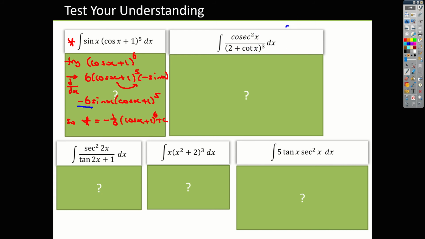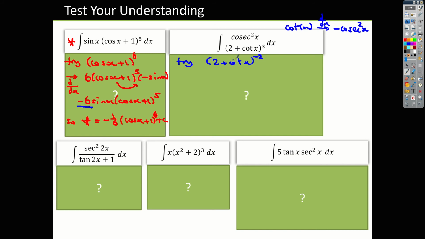Okay, if we remember, cot x differentiates to minus cos x squared x. So again, that's roughly the derivative of that. But this time, this bracket is, we should think of it as being to the minus 3. So it's similar to this one, except because of the minus power, the bracket's going to appear underneath. So this time I'm going to try 2 plus cot x. And because this is to the minus 3, I'm going to raise it up 1 to minus 2.